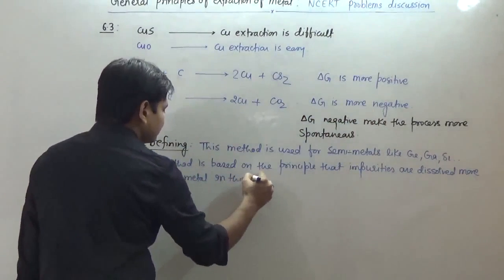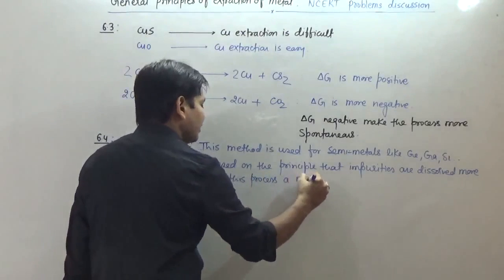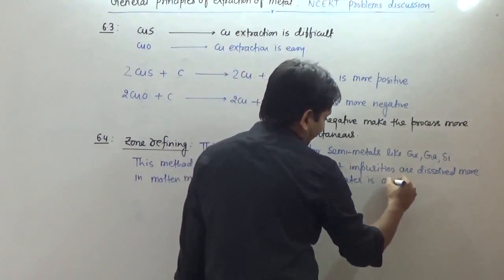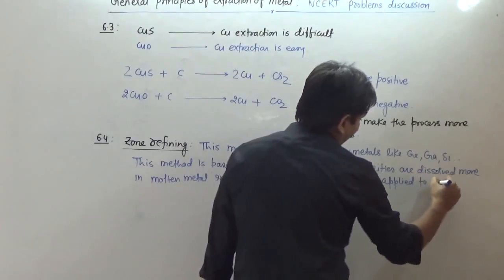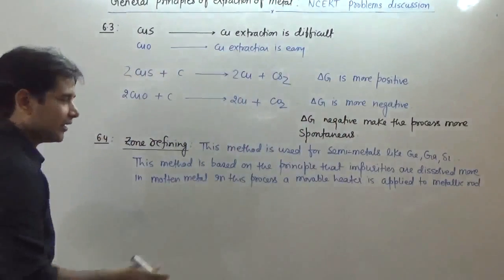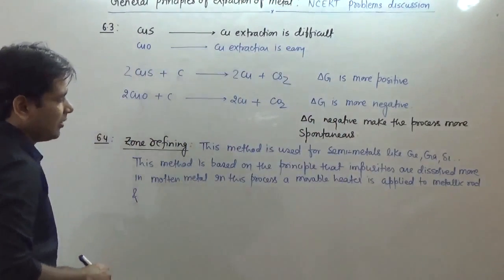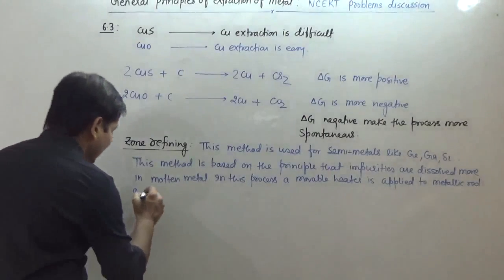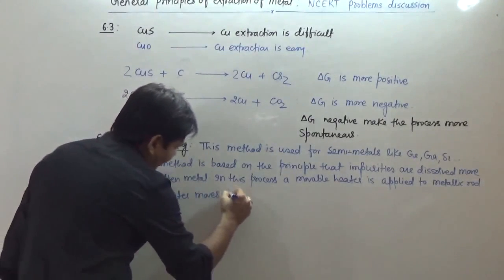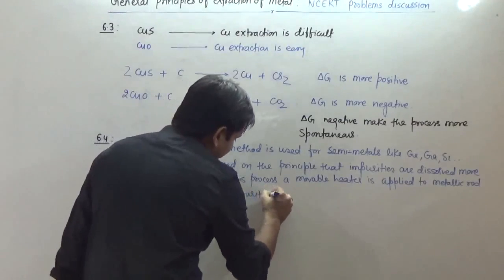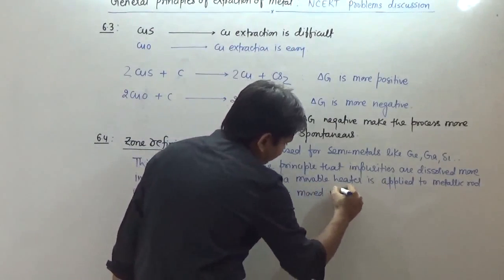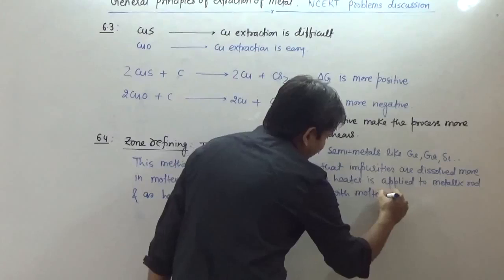In this process, a movable heater is applied to a metallic rod, and as the heater moves, impurities are moved with the molten metal.